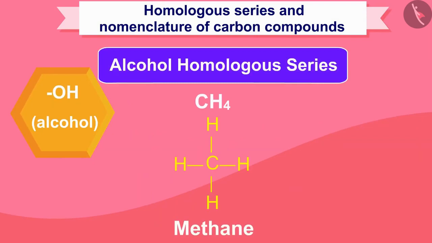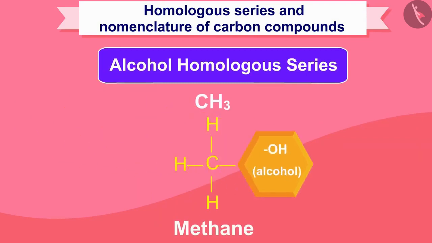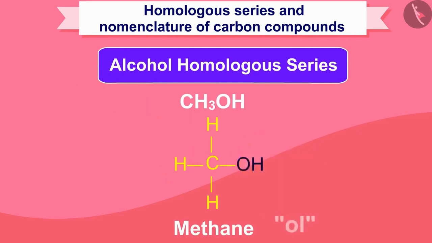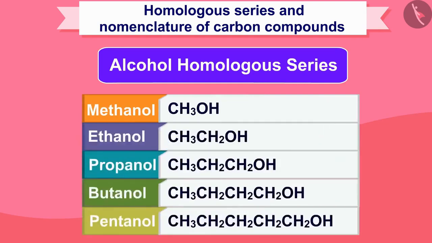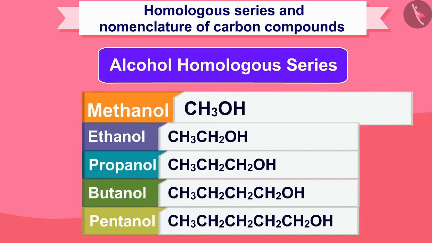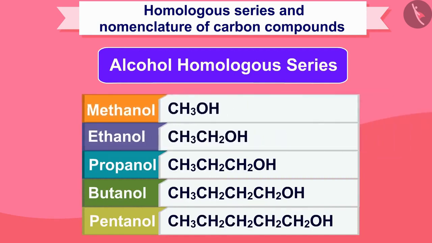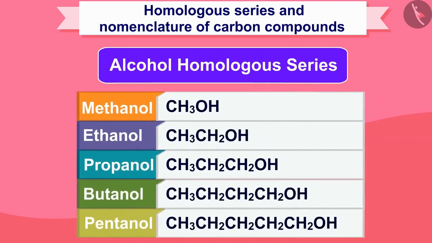If an OH alcohol group is added instead of a hydrogen of methane, the name "ol" will be added to form methanol. Similarly, the entire homologous series is composed: methanol, ethanol, propanol, butanol, pentanol, etc.